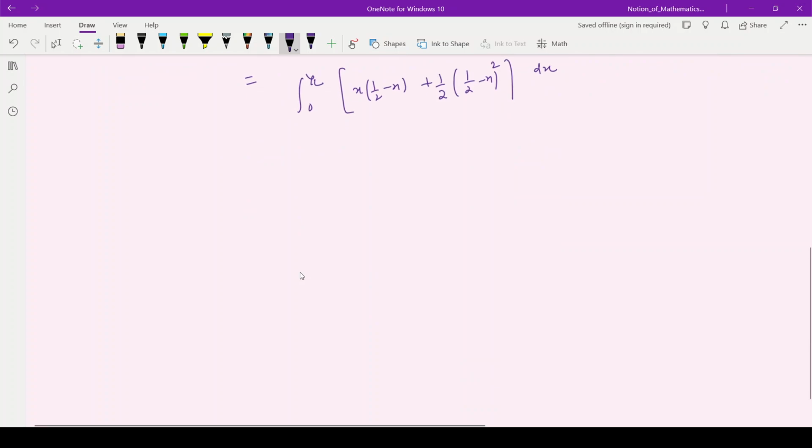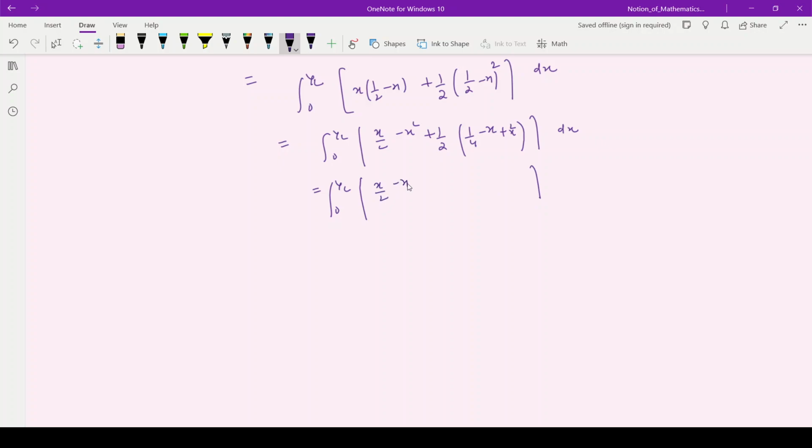We will simplify it a little more. That is, from 0 to 1 by 2, x by 2 minus x square plus 1 by 2 into 1 by 4 minus 2 into 1 by 2 into x, that will be x only, plus x square, and then dx. Or it is 0 to 1 by 2, x by 2 minus x square plus 1 by 8 minus x by 2 plus x square by 2, and then dx.